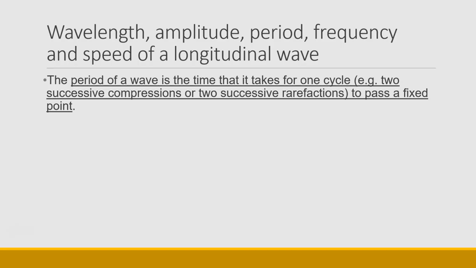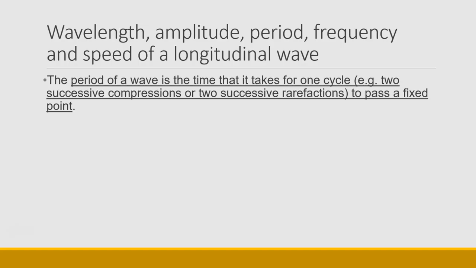The period of the wave has the same definition as previous. However, the example over here is a little bit different because we're dealing with a longitudinal wave that has compressions and rarefactions rather than crests and troughs. So the period of a wave is the time that it takes for one cycle to pass a fixed point.